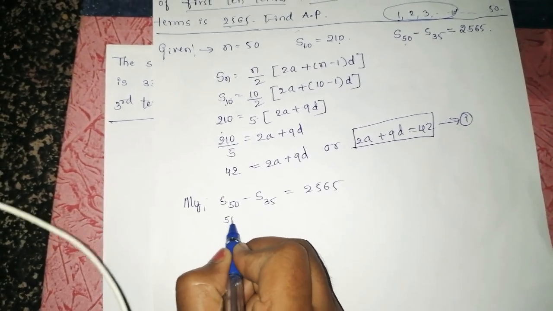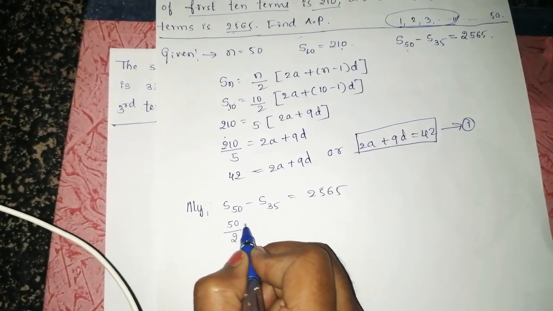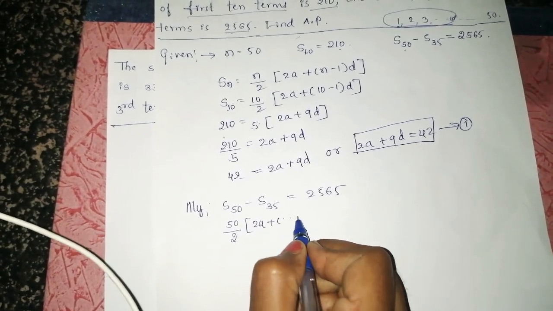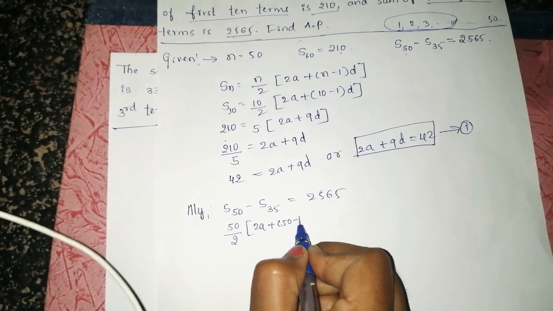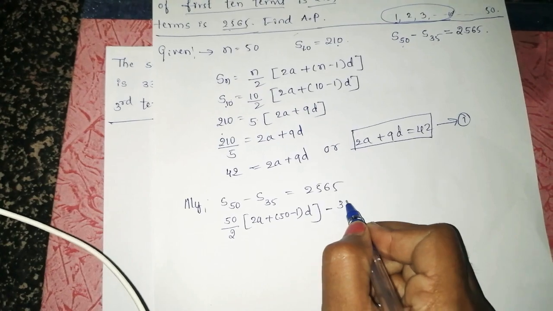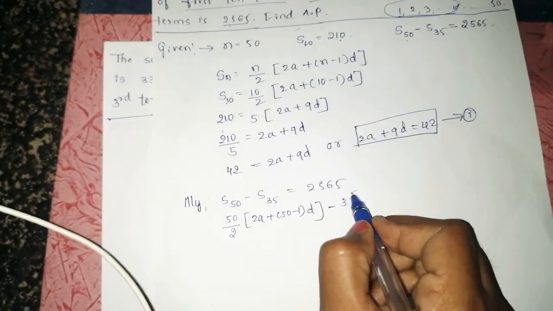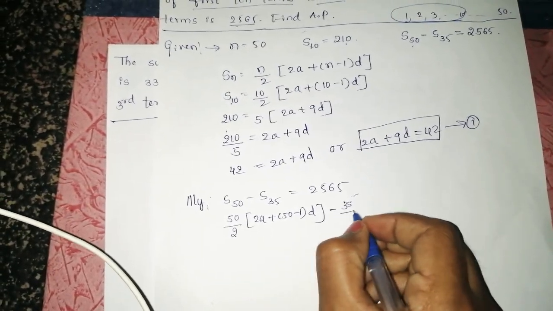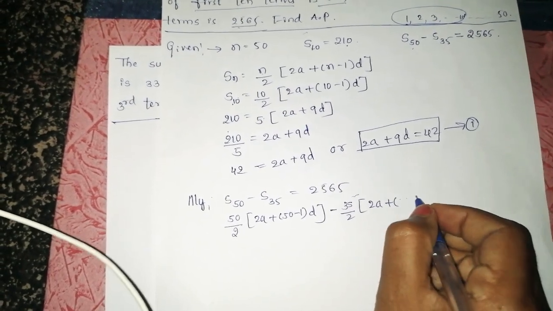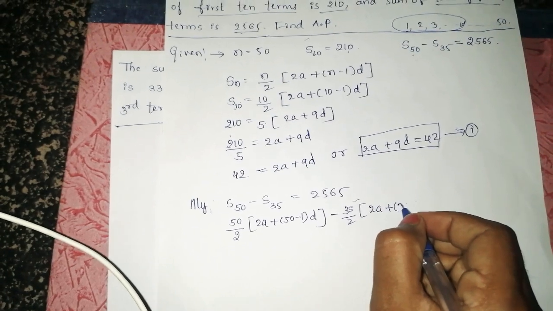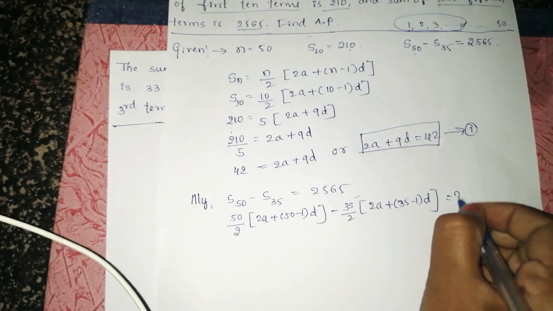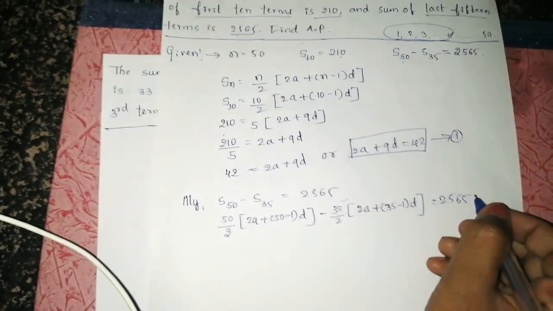That is 50 divided by 2 in the bracket 2a plus 50 minus 1 into d, minus S35, that is 35 by 2 in the bracket 2a plus 35 minus 1 into d, is equal to 2565.